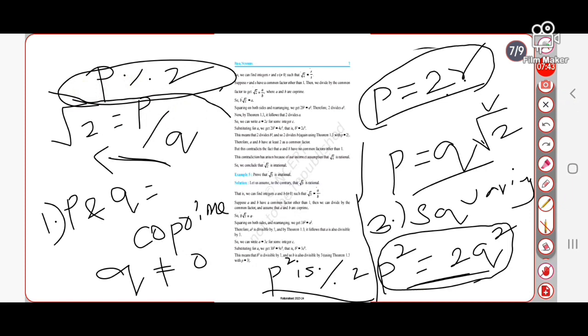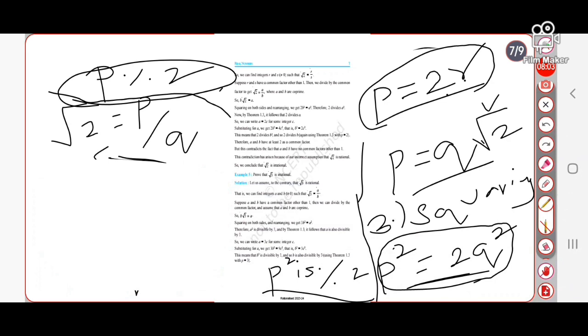Now what happens? This p square changes to 2r the whole square, because it is p square, right?